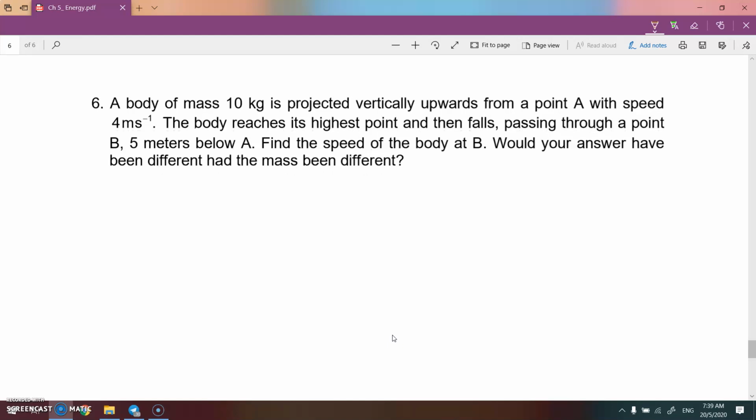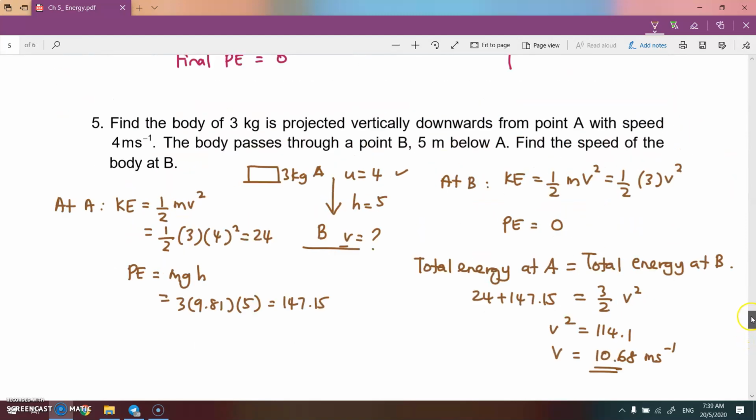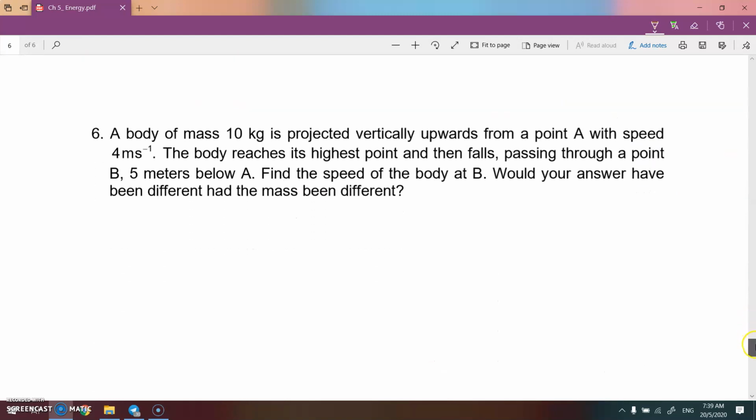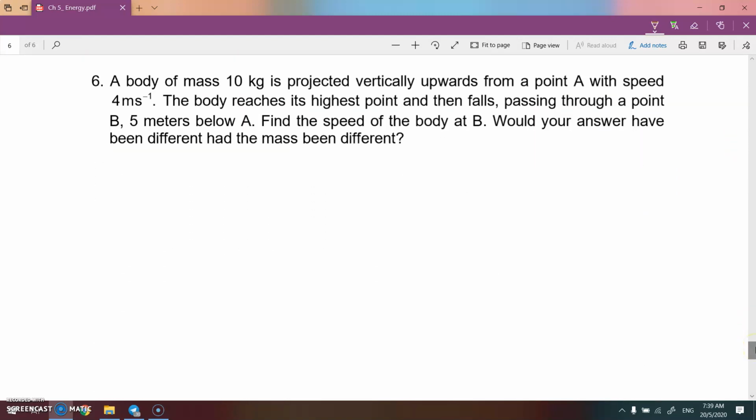Question number 6. A body of mass 10 kg is projected vertically upward. Just now the question was moving downward, but for question number 6, it is projected upward. So let's say we have an object of 10 kg, projected upward from point A with speed 4 meter per second.